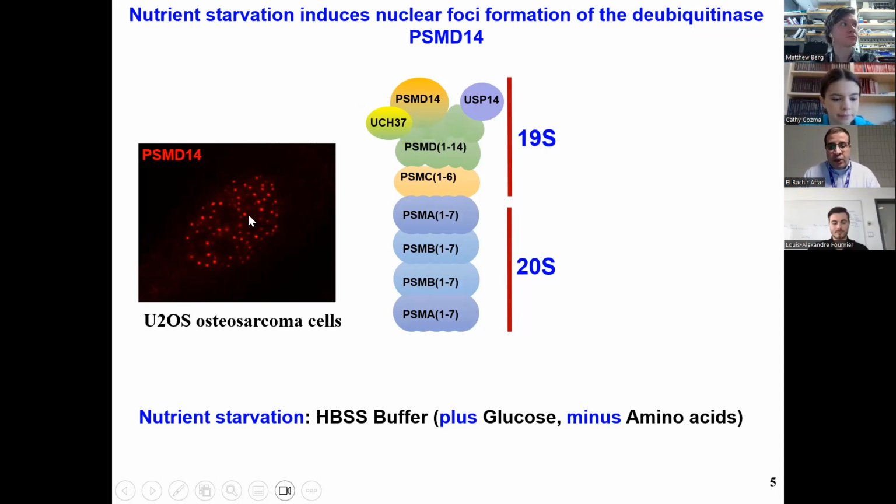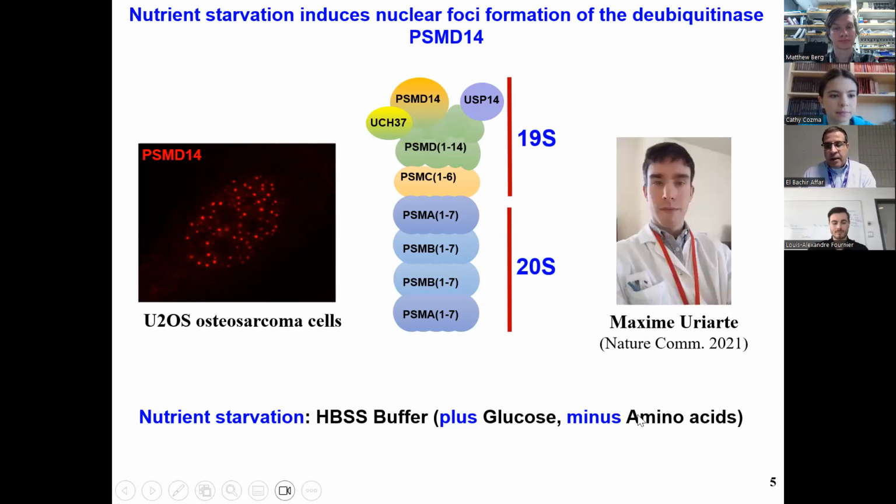We were intrigued by this observation, and I just want to define the nutrient starvation, the nutrient deprivation, that I will be using throughout my talk. It will be a buffer, basically. It's an HBSS buffer which contains glucose but doesn't contain amino acids.